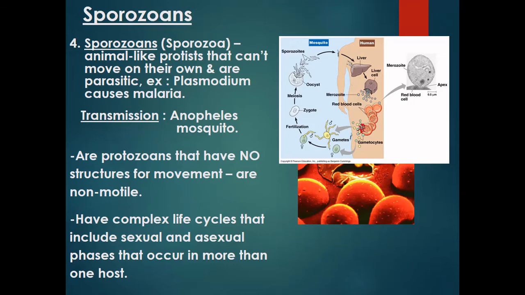That is why they are complex, because they require two hosts to complete their life cycle. Unlike other protozoans, with trophozoite and cystic stage, the same with the flagellated group, their life cycle is simple.